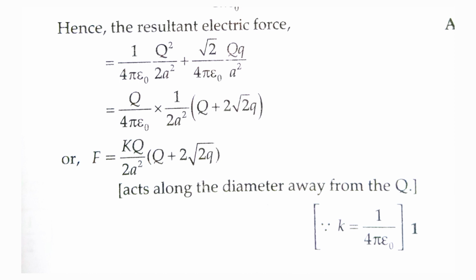Then within the bracket, Q plus 2 root 2 q. Or F equals 1 by 4 pi epsilon 0, which is a constant, so we can write it as k. So F equals kQ by 2 a squared within brackets Q plus 2 root 2 q. That is the equation to find the resultant electric force on a charge Q.